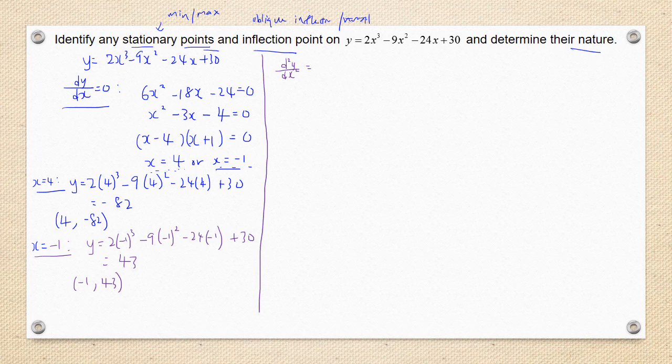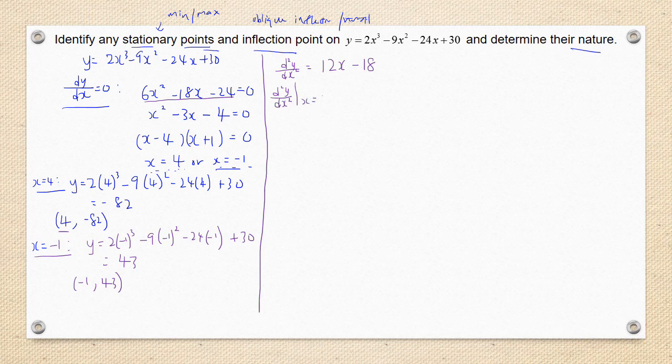The first derivative is equal to this, so I differentiate this again. I will get 12x minus 18. To know which point is a minimum or maximum, I substitute the x coordinate here.